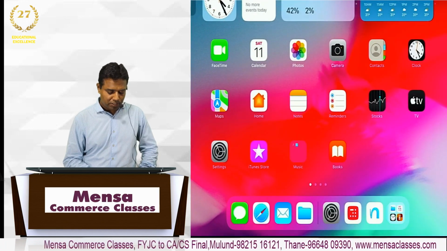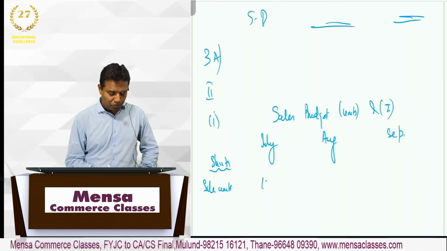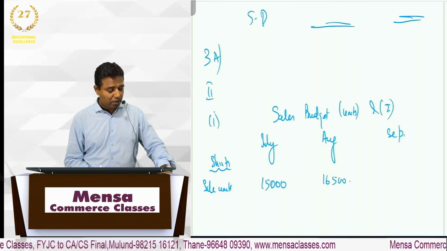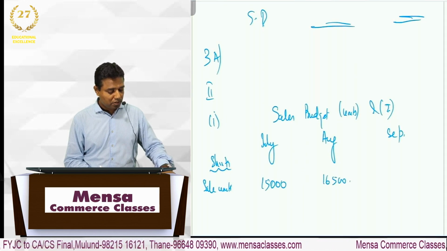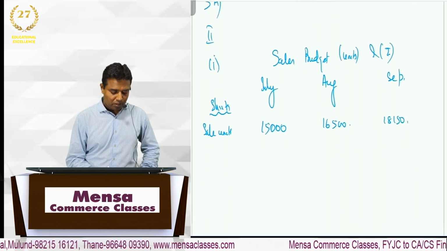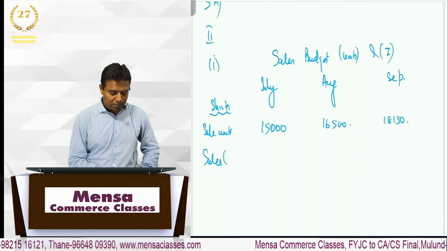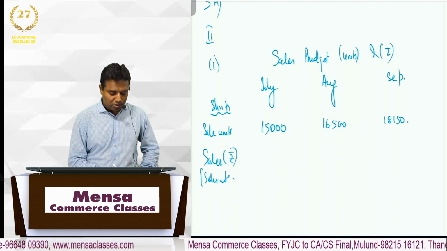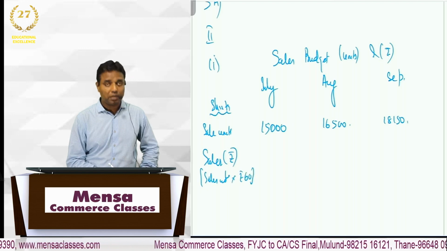Selling price is 60 and 44. So 15,000, 10%, so 16,500, another 10%, so 18,150. And sales in rupees, what do you do? Sales in units multiplied by rupees 60, right?